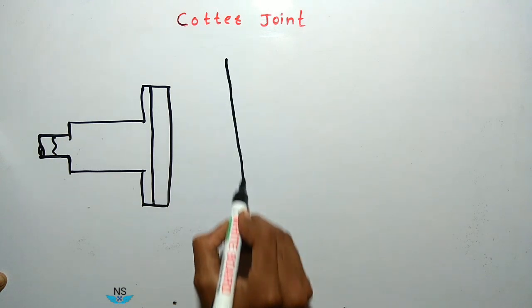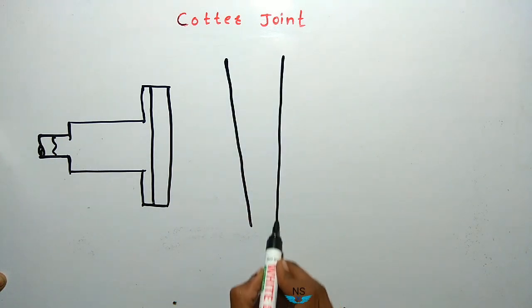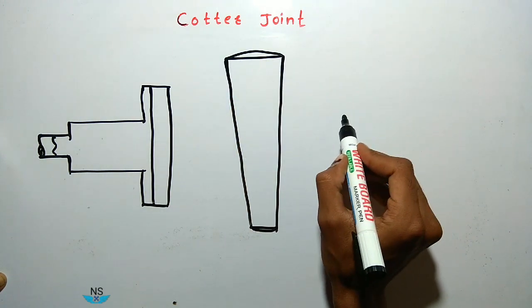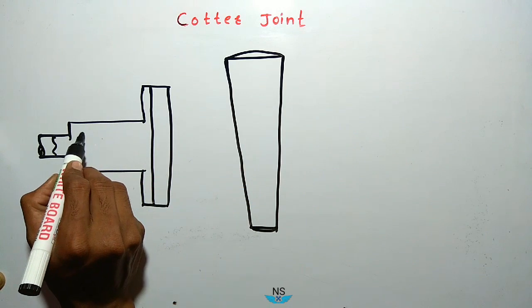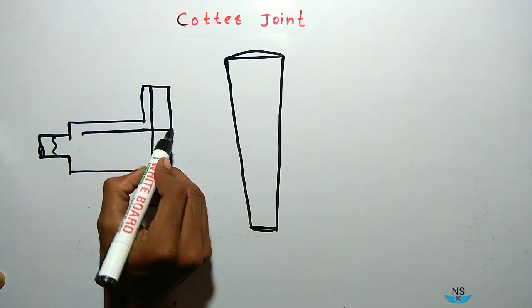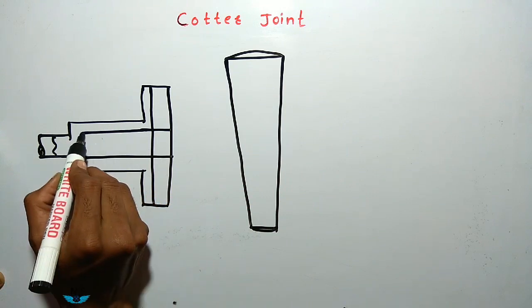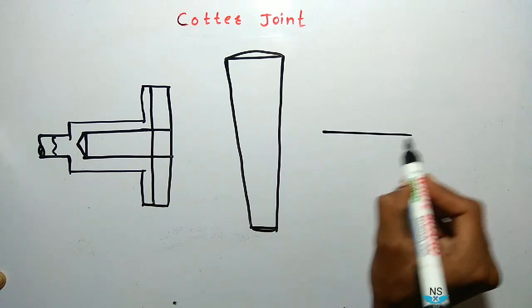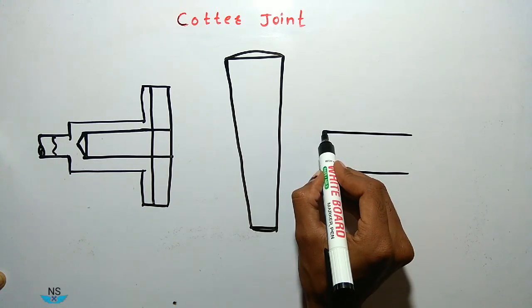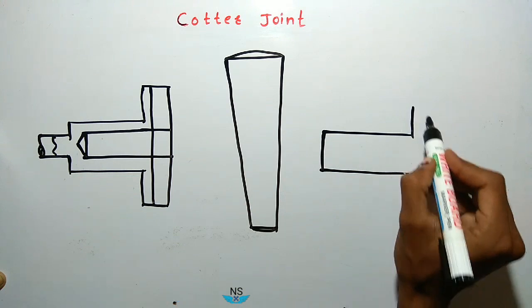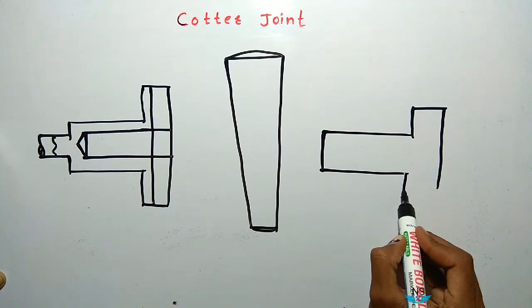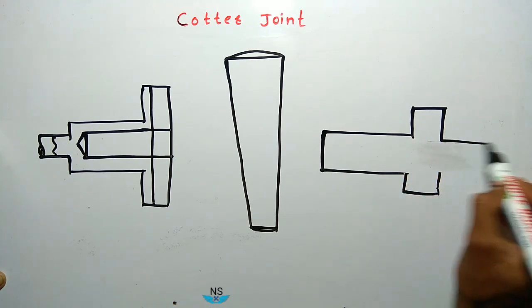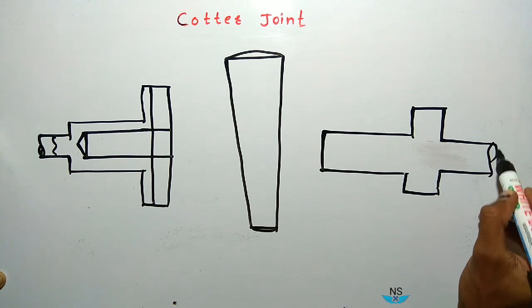Then this is the cutter, and this is the spigot end, the spigot collar, and this is the rod.